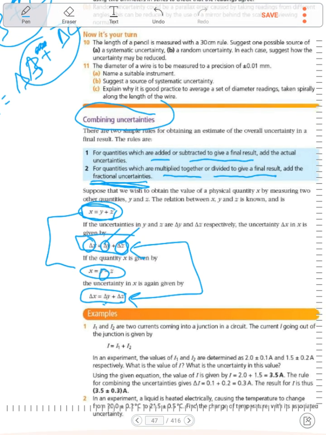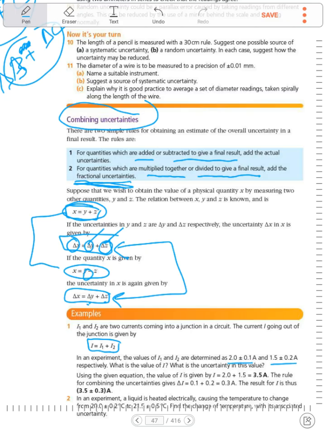Like this example here, we have the current I equals I1 plus I2, and the currents were given here as 2 plus or minus 0.1, and 1.5 plus or minus 0.2. So the total current is I1 plus I2, which is 3.5, and the error is 0.2 plus 0.1, which is 0.3.